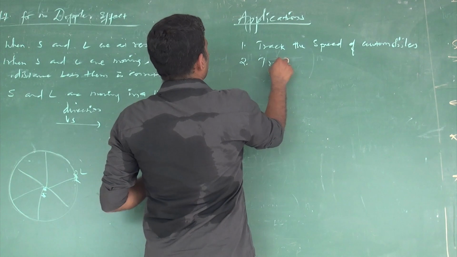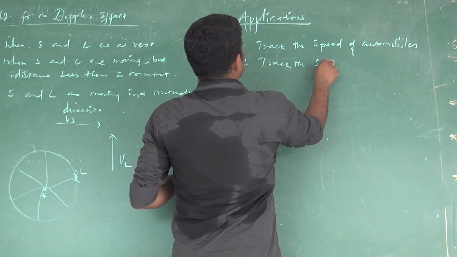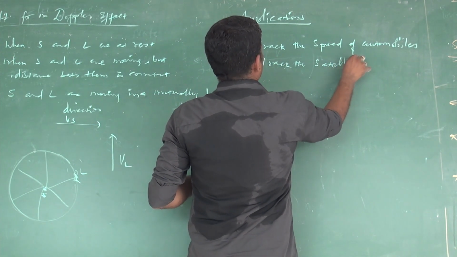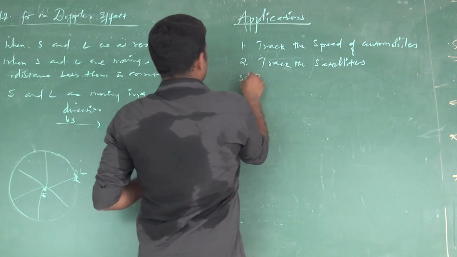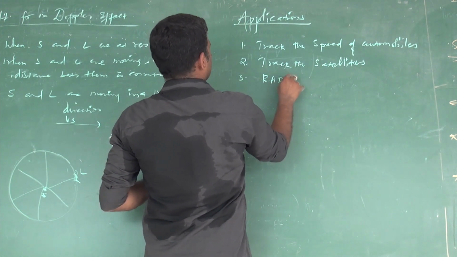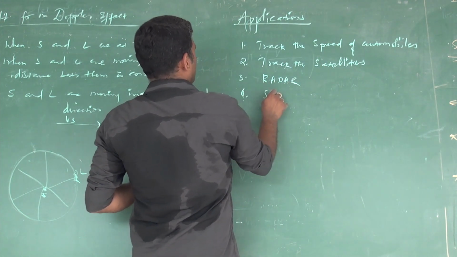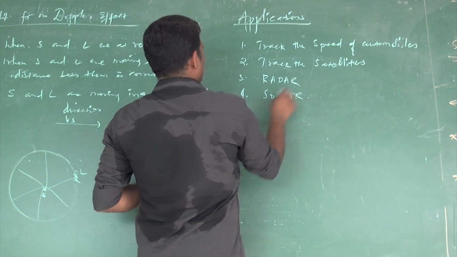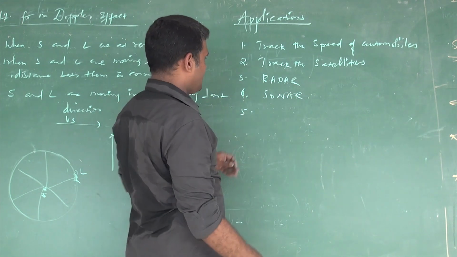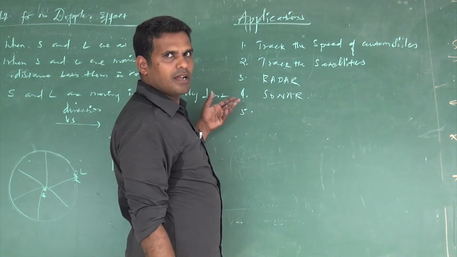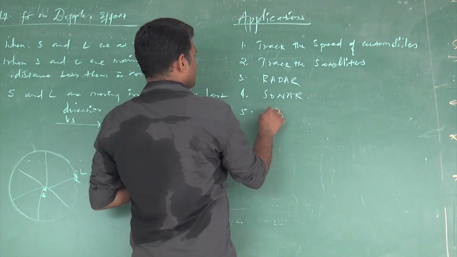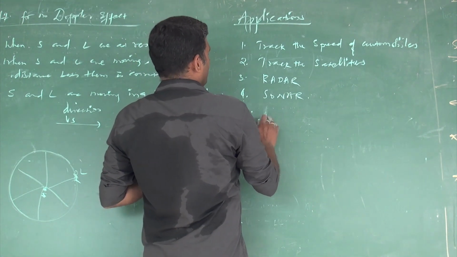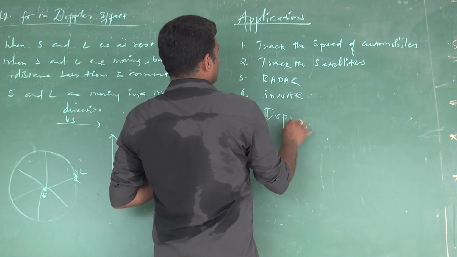Second one, we can track satellites. Third one, radar. Fourth one, sonar. And there is another application which is very important but not mentioned in your textbook, which is Doppler scans.